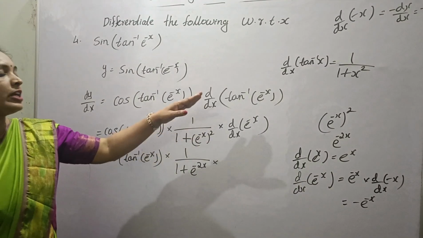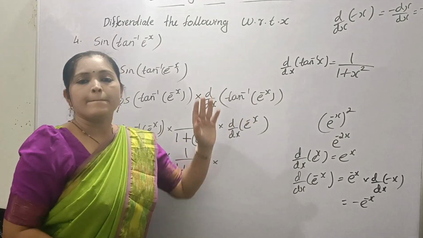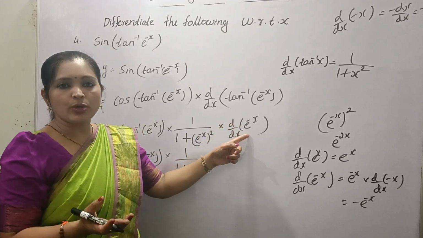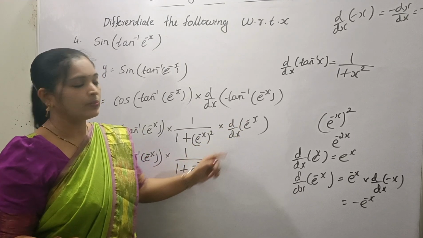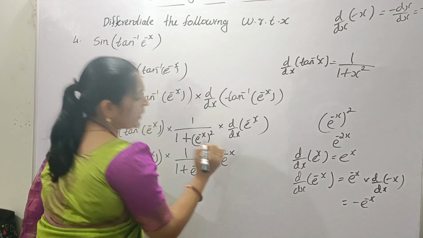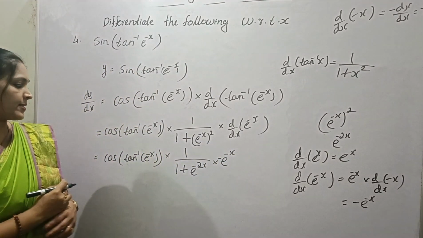d by dx of e raised to minus x is minus e raised to minus x. d by dx of e raised to x is e raised to x itself. So e raised to minus x into minus 1, that is minus e raised to minus x.